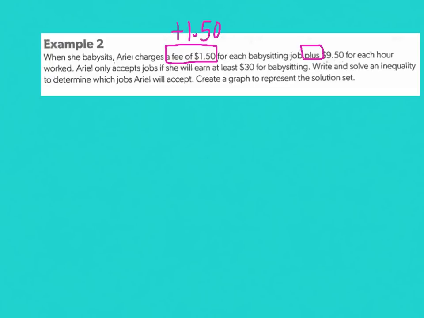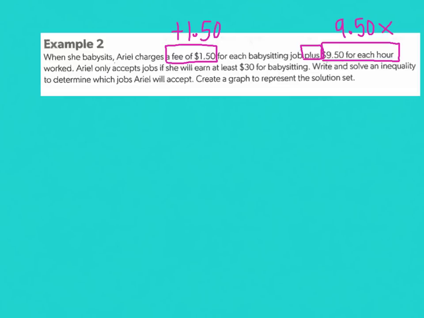And the other number that's there is $9.50 for each hour. Before in my videos, I've talked about when it says each or every, that's a signal for the number that gets a variable. So I'm going to put $9.50 x because we don't know how many hours she's going to work.